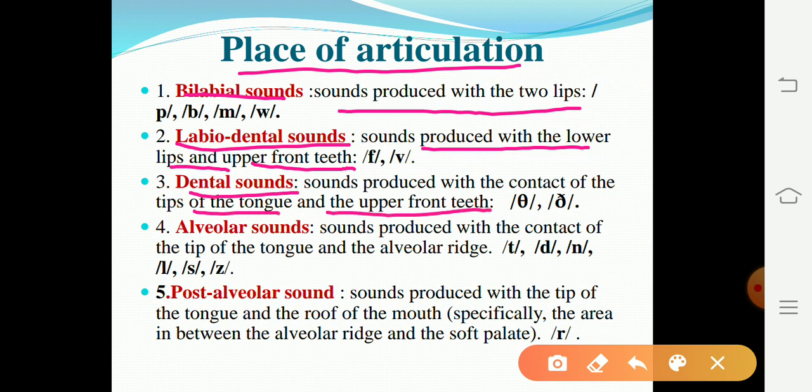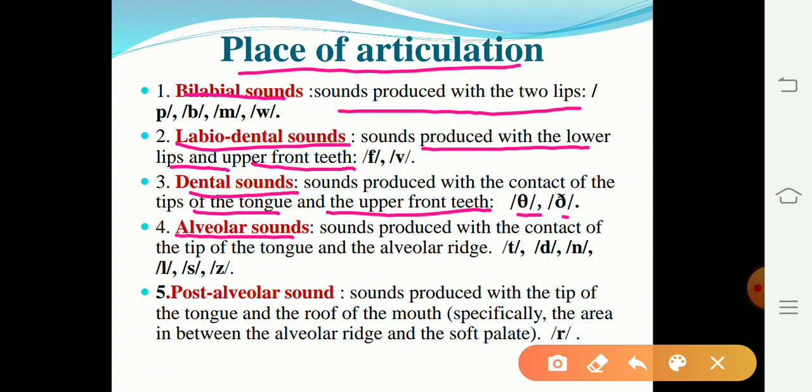The tip of the tongue is the active articulator and the upper front teeth are the passive articulator. You can try this yourself, when we say the sound th, th, th.